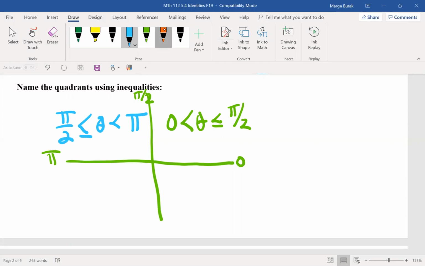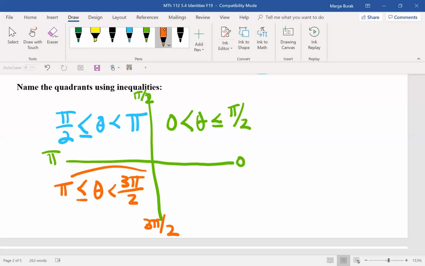And if they want to tell us about the third quadrant, so this is 3 pi over 2, they're just going to tell you that theta is less than 3 pi over 2, but it's greater than or equal to pi, or something like that. The equal can go on either one. It just depends. But basically, when they give you that, that means we're in quadrant 3.